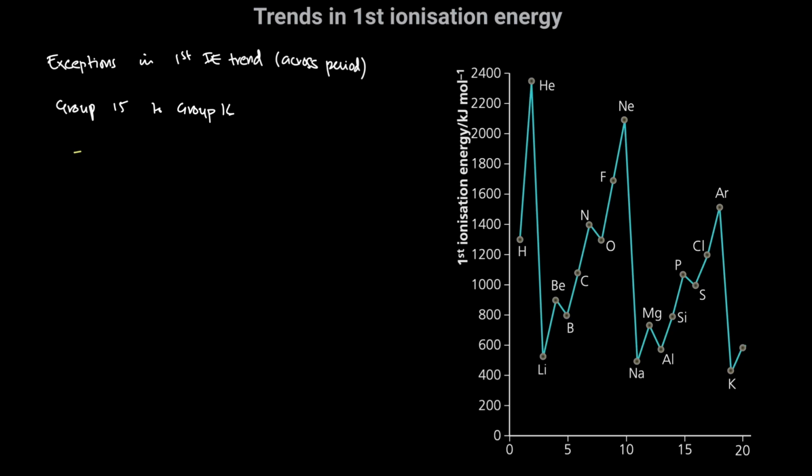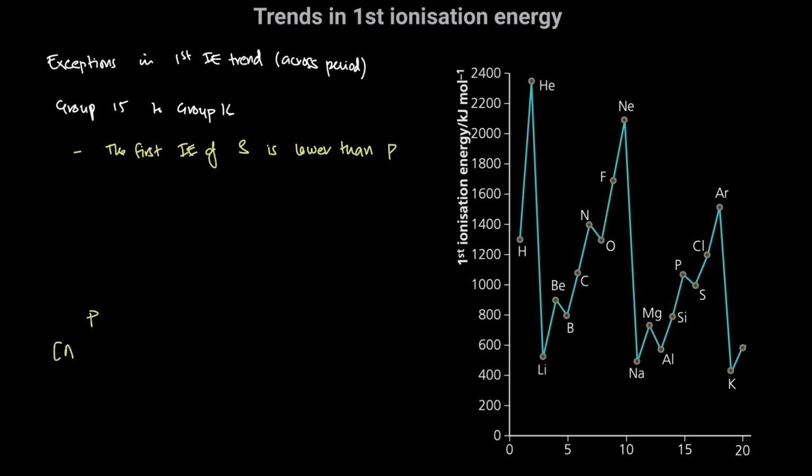We can clearly see here that the first ionization energy of sulfur is lower than phosphorus.